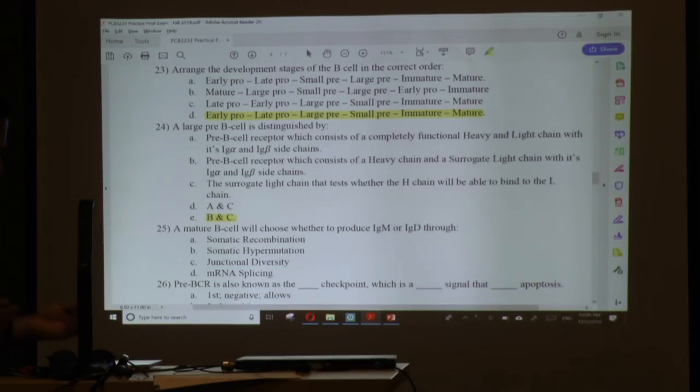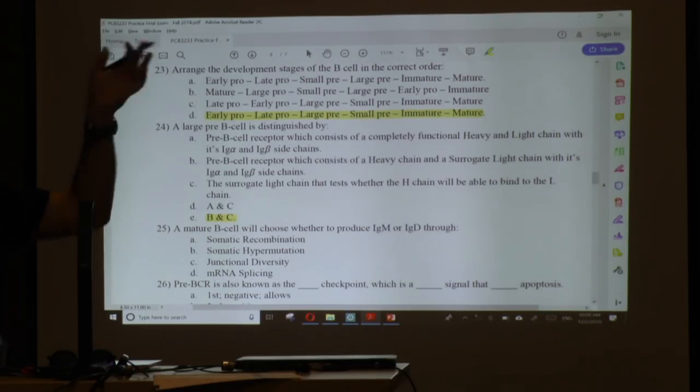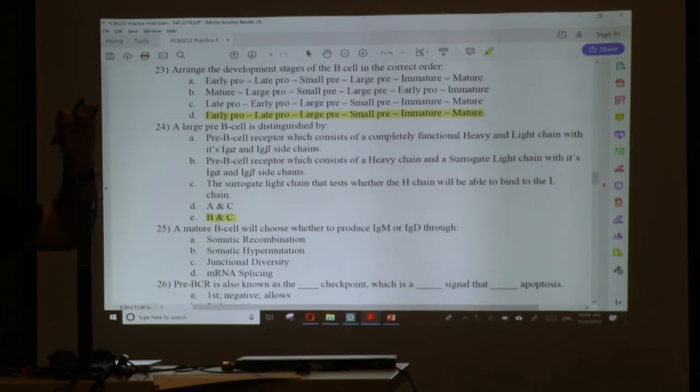And always remember that you have to have these Ig alpha and beta on the side all the time for that BCR to be on the surface, right? Because the Ig alpha and Ig beta work like the zeta chain for a T cell, and they're the ones who will do the signal transduction from the extracellular space to the intracellular space.